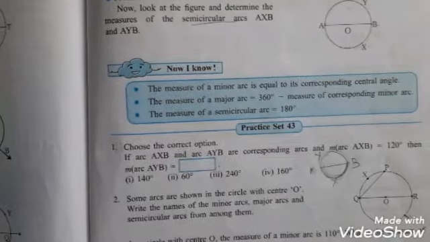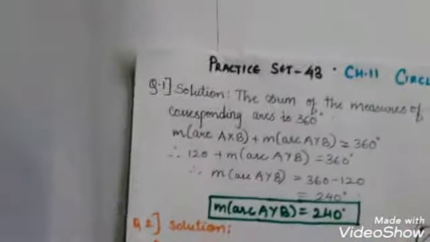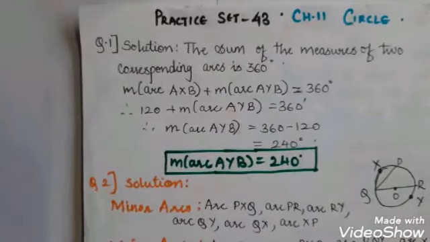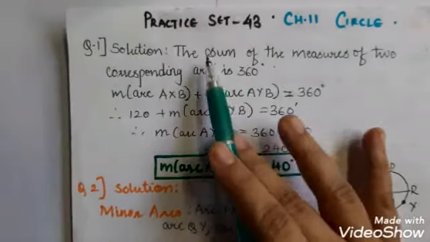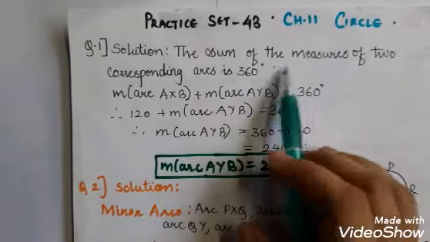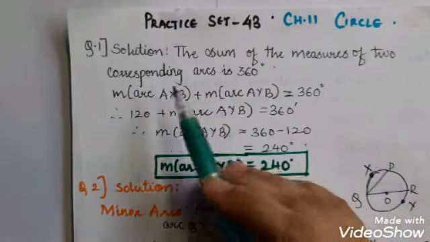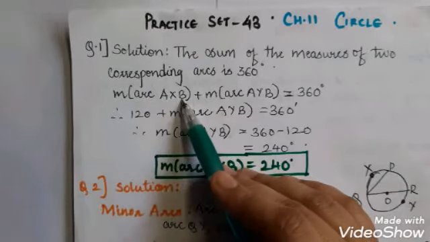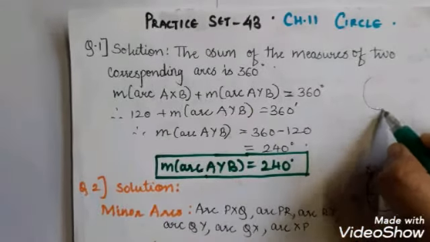So now let us see the solution. We know the sum of the measures of two corresponding arcs is 360 degree. That means measure of arc AXB plus measure of arc AYB is equal to 360. Why? Because this is a circle.